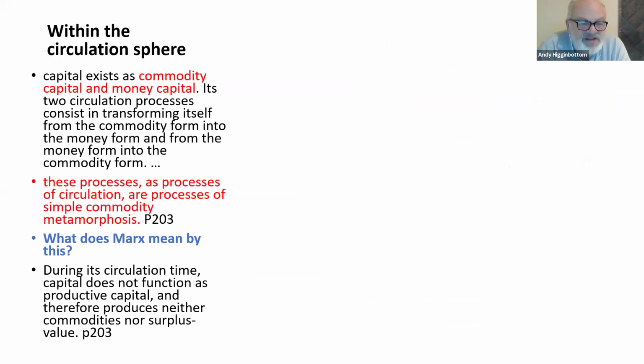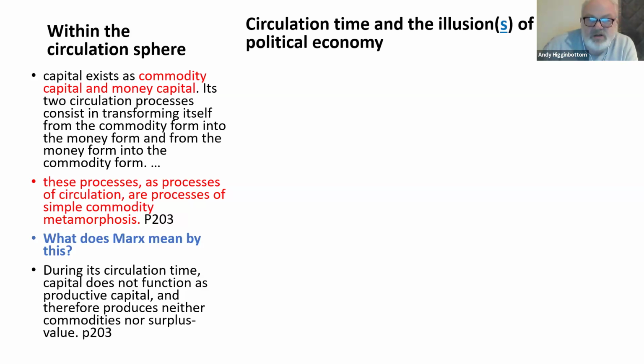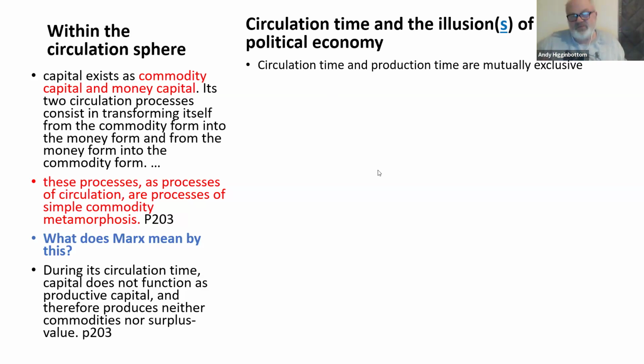What he's saying is we are talking once again about buying and selling of equal values, equivalents, okay? During its circulation time, capital does not function as productive capital and therefore produces neither commodities nor surplus value. Capital has to be involved in circulation, but at the same time, that's not where the surplus value is produced, okay?